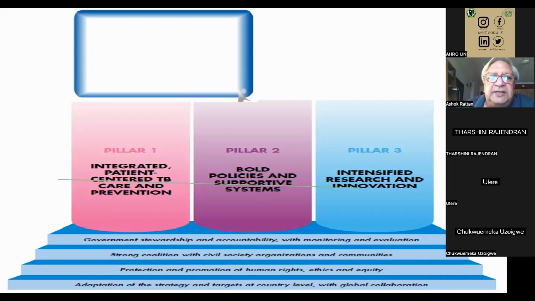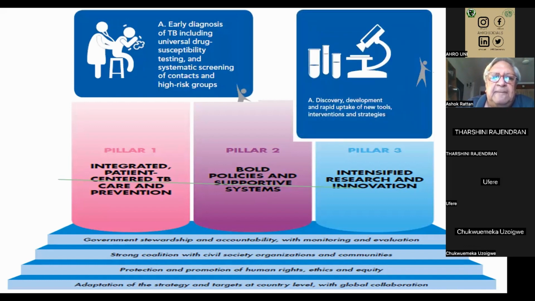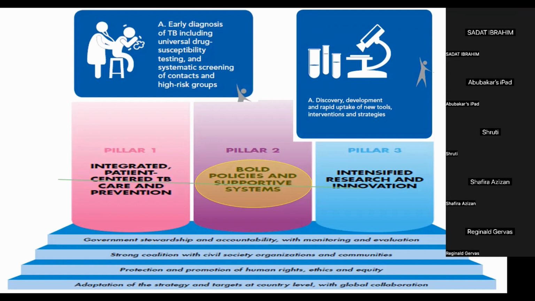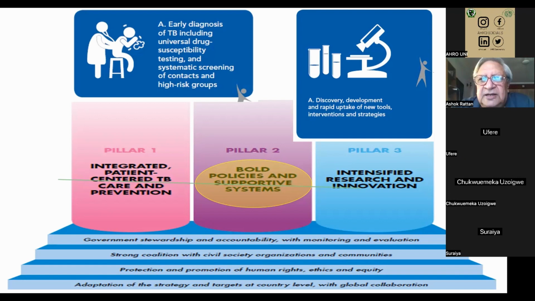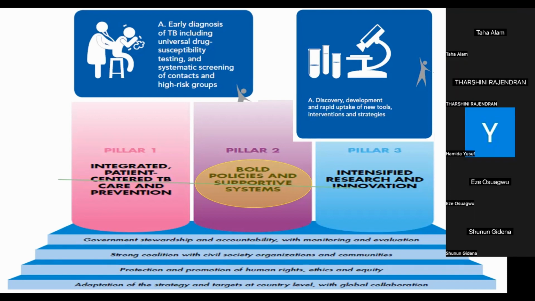That would mean that there should be bold policies and supportive systems in place so that the new integrated patient-centered approach that we will be describing now, as well as the innovations that are taking place, are quickly adopted as the standard.